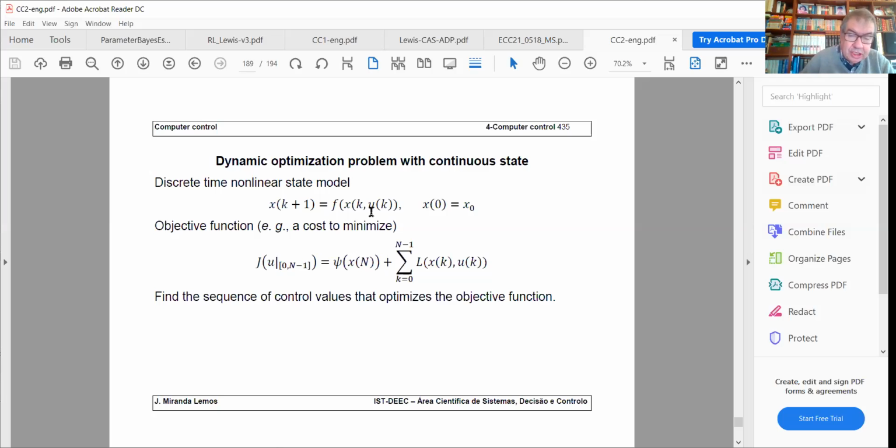How do you adjust your heater every hour such that you minimize this cost that depends on the energy spent, and also probably some term in which you force the temperature to be close to some set point? So you have a balance between spending energy, that's related to u, and having the temperature close to some set point. That's an example.